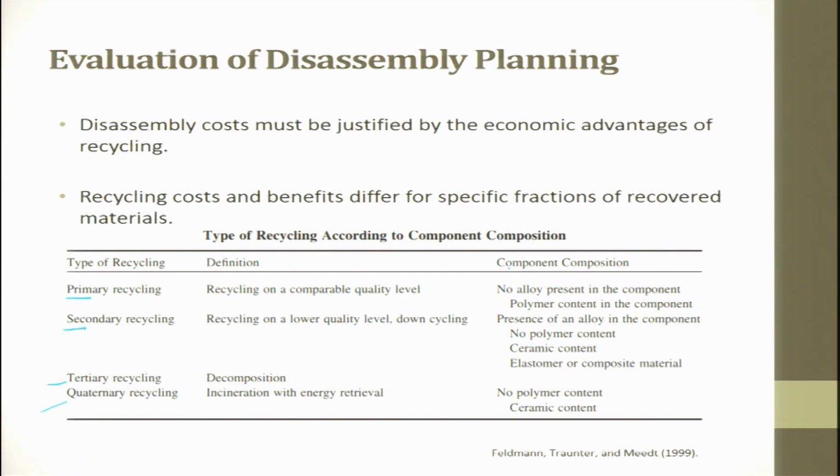So, these are all the component compositions. Then tertiary recycling is complete decomposition, with no polymer or ceramic content, and quaternary recycling is incineration with energy retrieval, like biomass, again with no polymer or ceramic content in it.